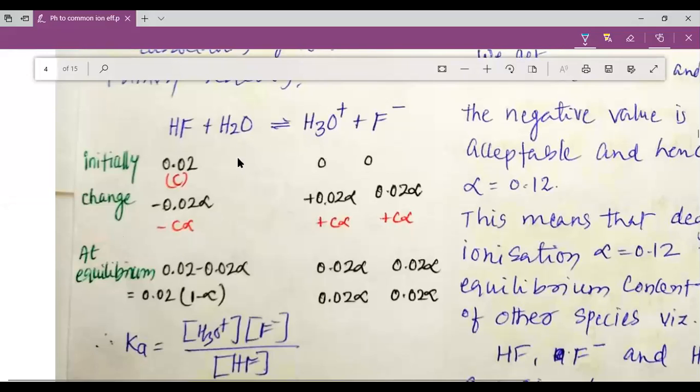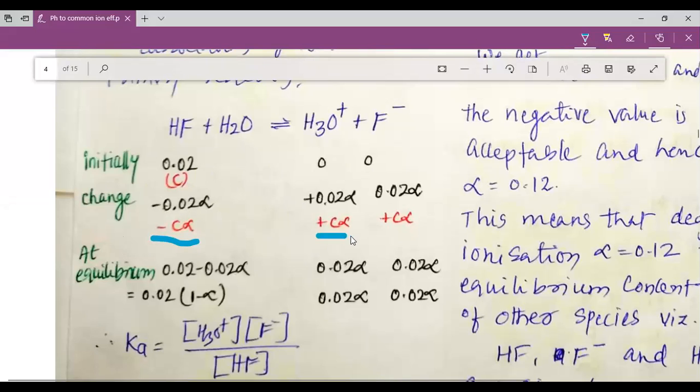When the equilibrium is established, my dear students, we know that the concentration of reactant decreases. If alpha is the degree of dissociation, then the decrease in concentration of reactant would be C alpha, but the increase in concentration of products would be plus C alpha and plus C alpha. Here the concentration decreases, that is why we put a negative sign.